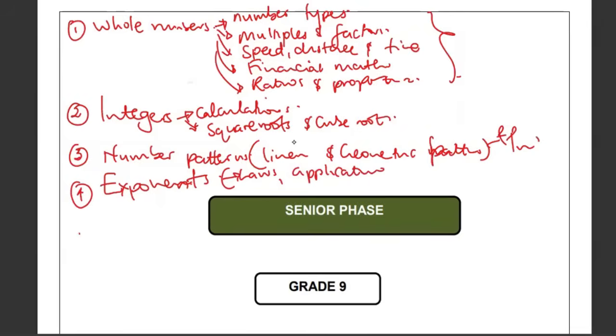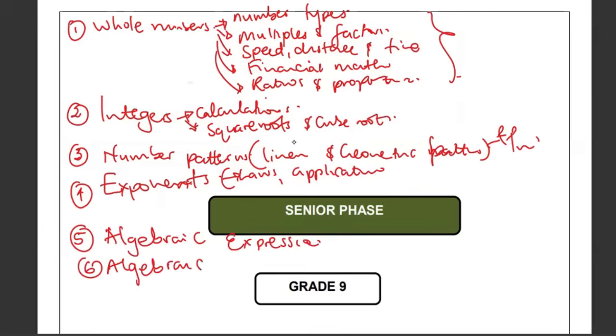All right, so then topic number 5 is the algebraic expressions. And followed by that, we have what we call the algebraic equations. These two are different, equations and expressions.